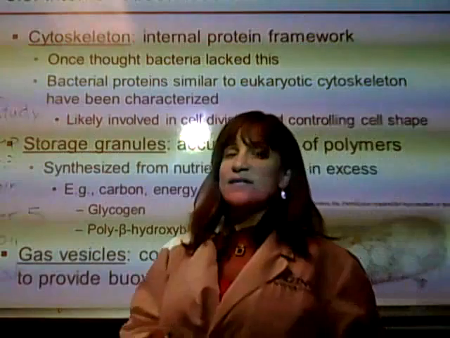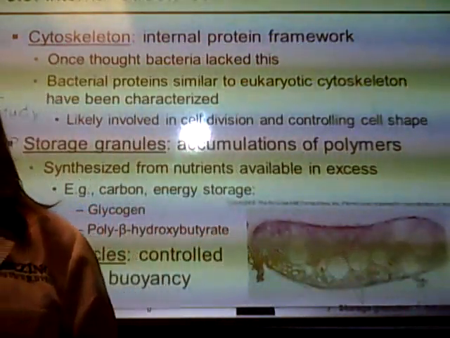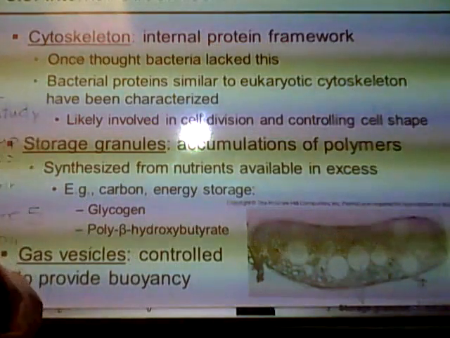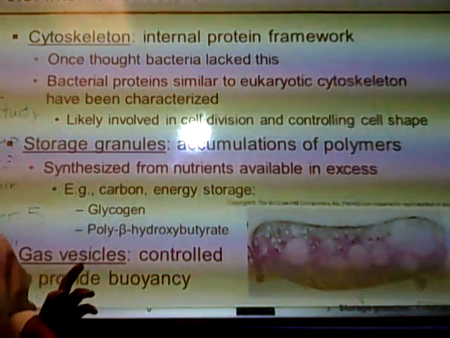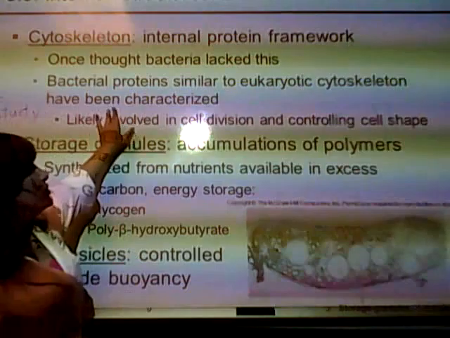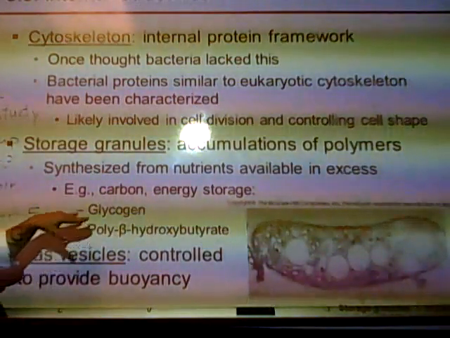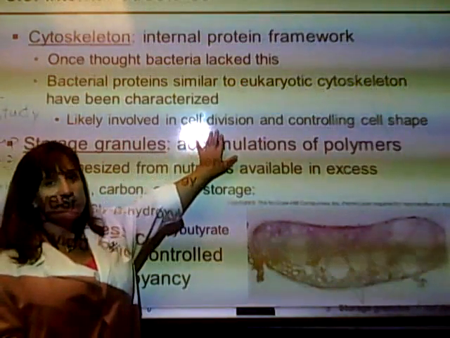All right, then we have the cytoskeleton. The cytoskeleton is just a bunch of proteins that link microtubules and so forth, and they're going to give the cell its shape. And again, cell division.